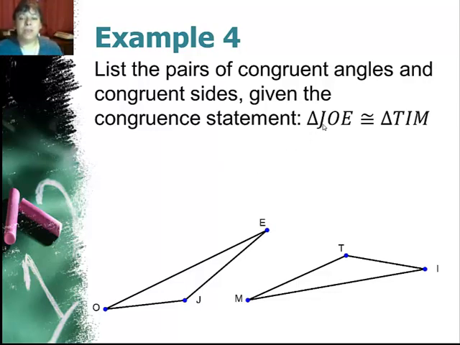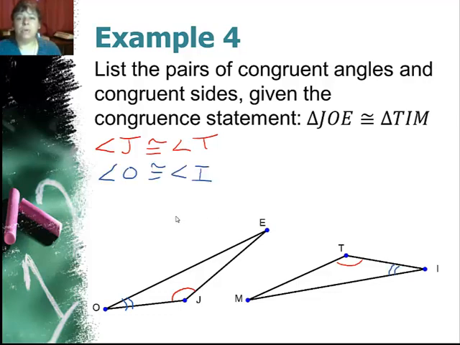The important thing here is that J goes with T and O goes with I and E goes with M. So angle J is congruent to angle T. Angle O goes with angle I, so angle O is congruent to angle I. Angle E goes with M, so angle E is congruent to angle M. And if I do the sides, you can do the same thing.